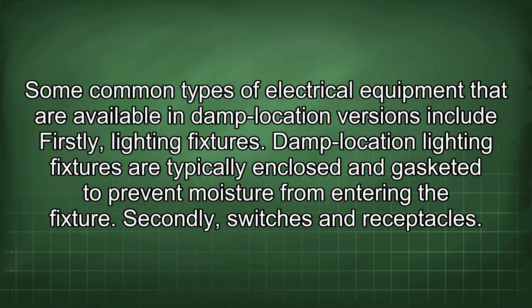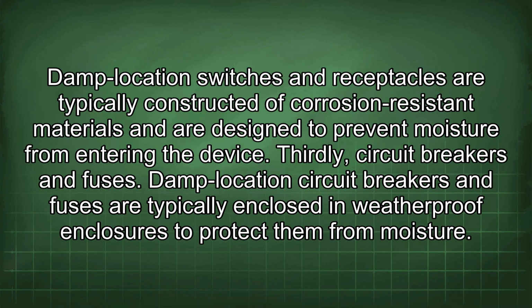Some common types of electrical equipment that are available in damp location versions include, firstly, lighting fixtures. Damp location lighting fixtures are typically enclosed and gasketed to prevent moisture from entering the fixture. Secondly, switches and receptacles. Damp location switches and receptacles are typically constructed of corrosion-resistant materials and are designed to prevent moisture from entering the device.